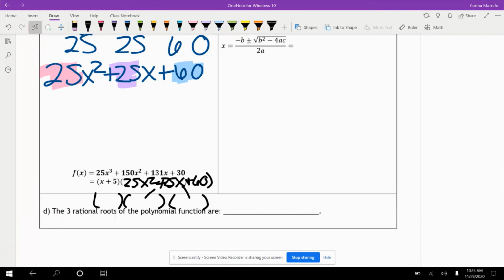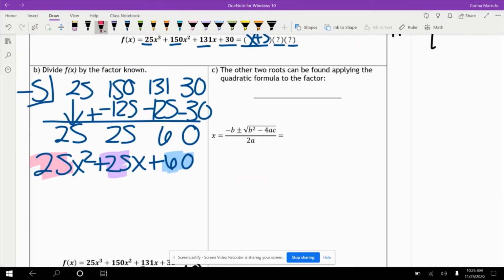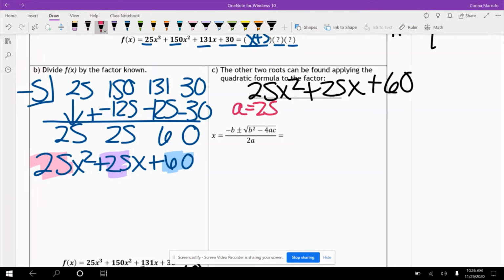The way that we figure that out is the quadratic formula. So here we have 25x squared plus 25x plus 6. And A is 25. B is also 25. And C is 6.